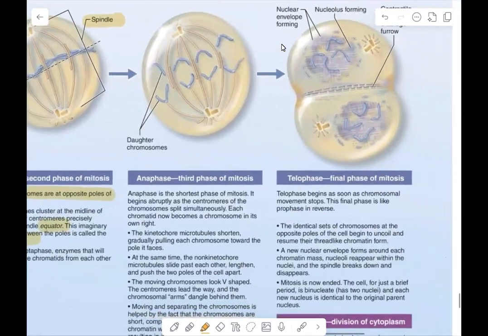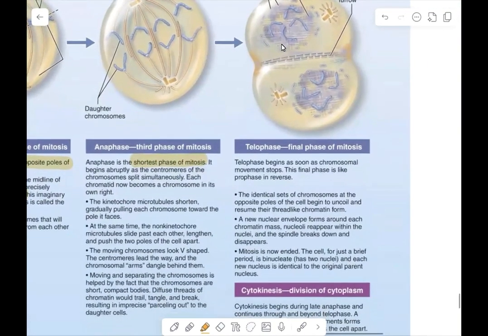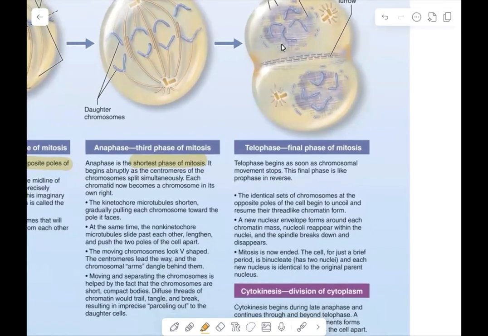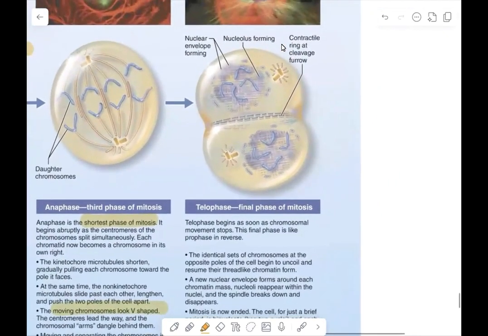After metaphase, anaphase happens, and anaphase is the shortest phase of mitosis. What's going to happen is that the moving chromosomes look V-shaped, and they're going to start to be pulled towards each daughter cell. When we can start to see the beginning of the daughter cells, we have a contractile ring that forms at the cleavage furrow.